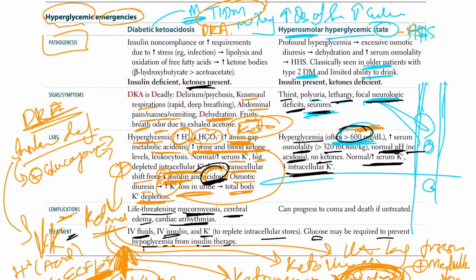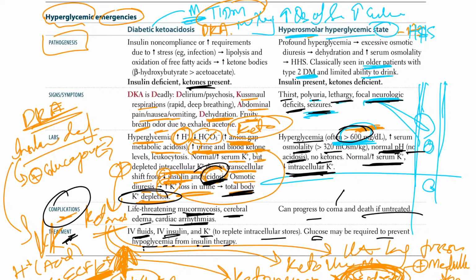There is decreased intracellular potassium here as well, but this is not the feature that we say is the hallmark. Total body potassium depletion is DKA. Then the complication can progress to coma and death if untreated.